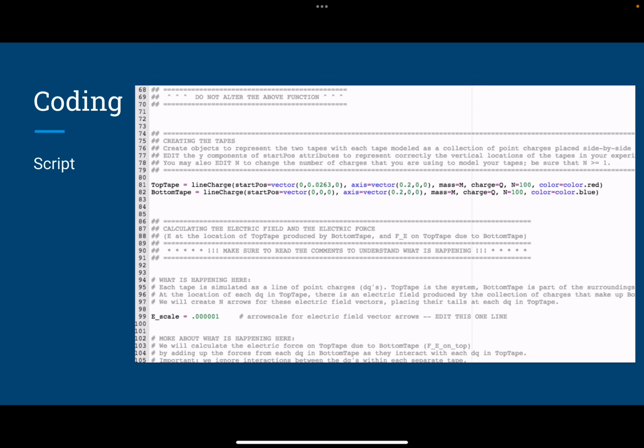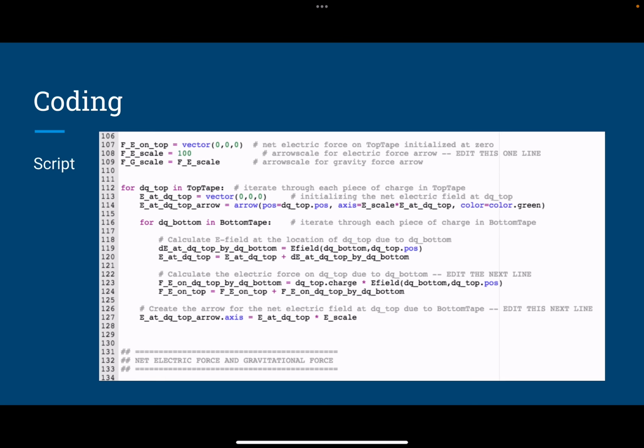Over here, you can see the top tape, which was altered to have the distance as the Y portion, and then 0.2 was already close enough to my length. Here is the scaling of those vectors, so your gravitational scale and your electric scale should be the same.